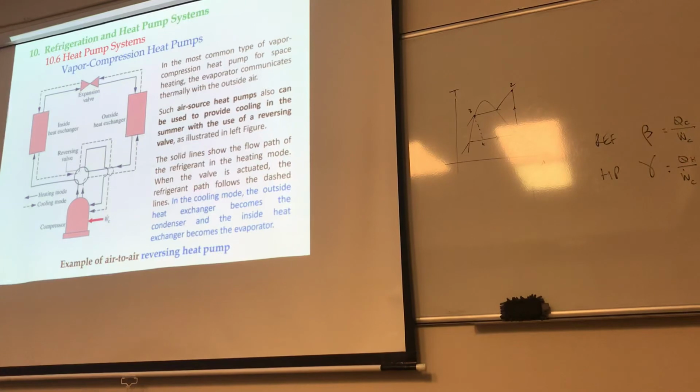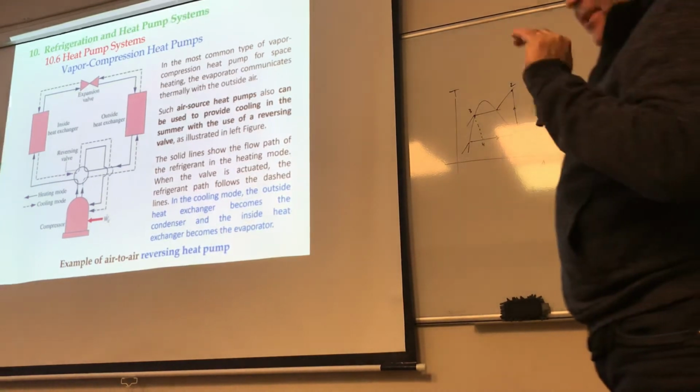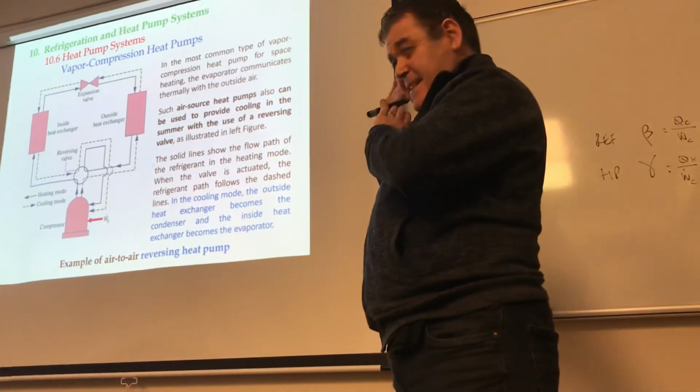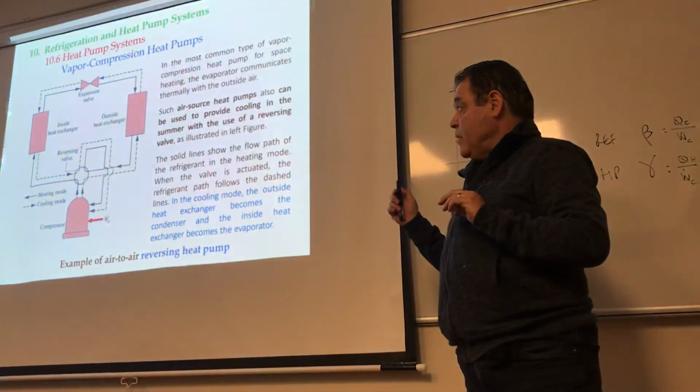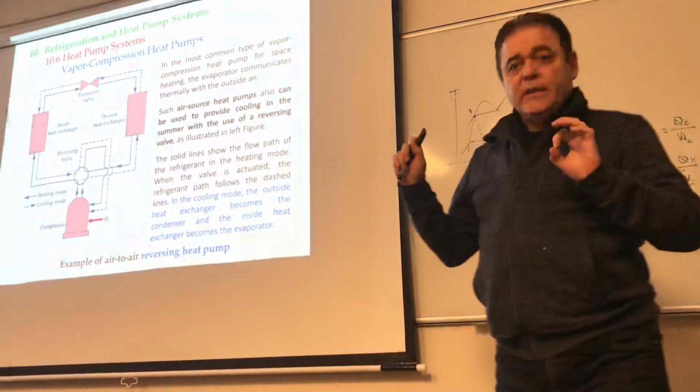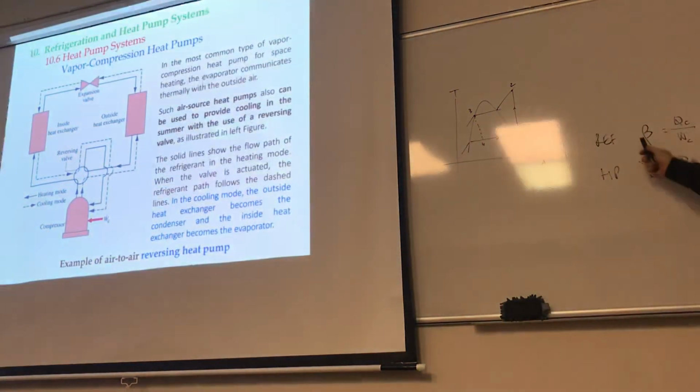So, to end this about heat pumps, we really didn't learn anything different. All we are saying is the typical refrigeration cycle is exactly identical to the heat pump one. The only difference that you need to remember is the coefficient of performance, okay?